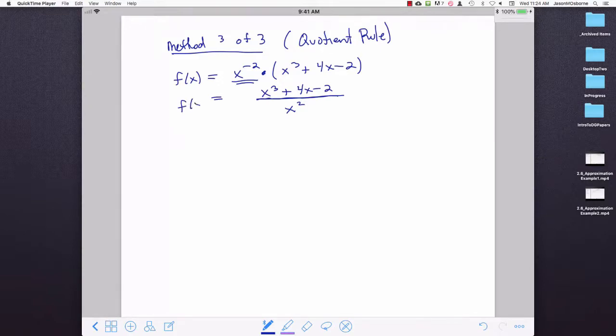And now we are seeing a function that is of the form g of x divided by h of x, two functions being divided by each other.